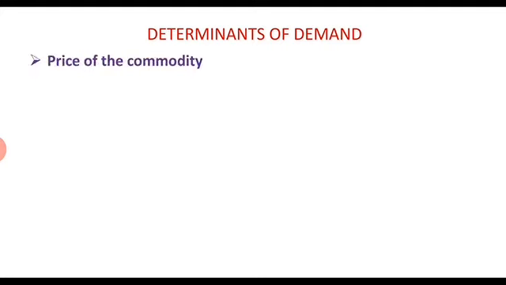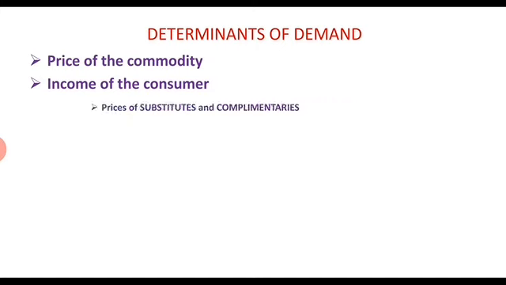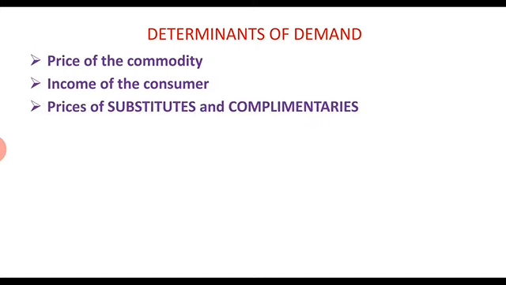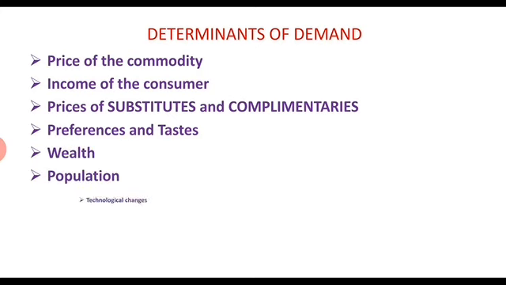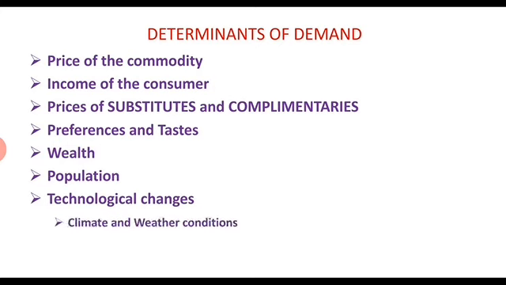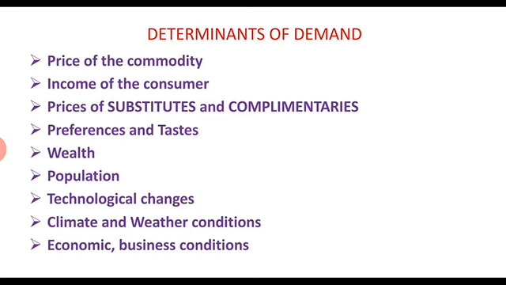Determinants of demand: price of the commodity, income of the consumer, prices of substitutes and complementary goods, preferences and tastes of consumer, wealth, population, technical changes, climate and weather conditions, economic and business conditions.